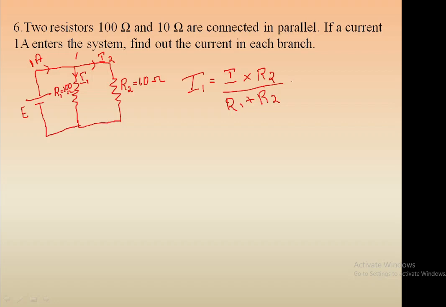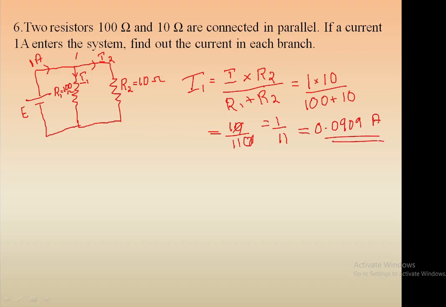Let us substitute the main current, 1 ampere, into the resistance in the other branch, 10 ohm, divided by the sum of the two resistances, 100 plus 10, that is equal to 10 divided by 110, that is 1 by 11. 1 by 11 is equal to 0.0909 ampere.